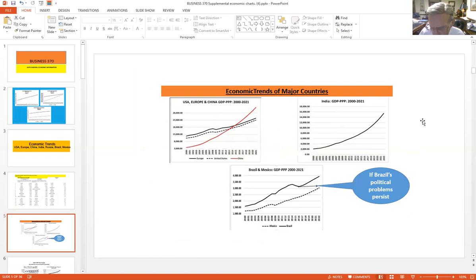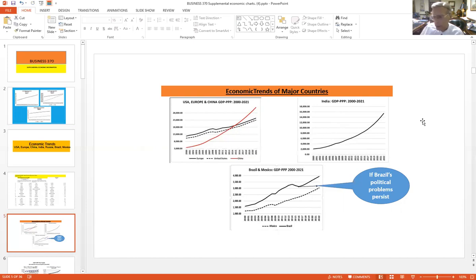You can see the red line in the upper left-hand chart shows China's economy breaking through the US economy, and then all of Europe, the European Union's economy, in 2013 and 2014, respectively.